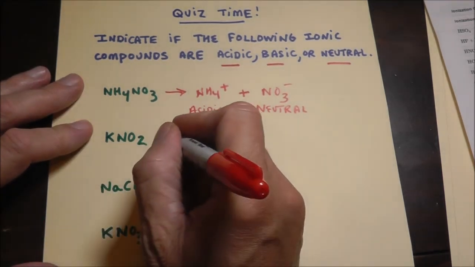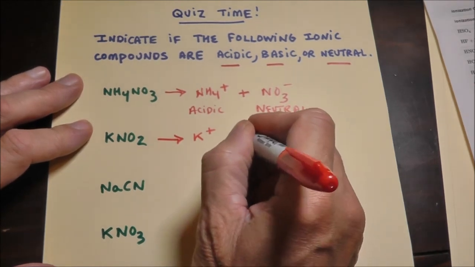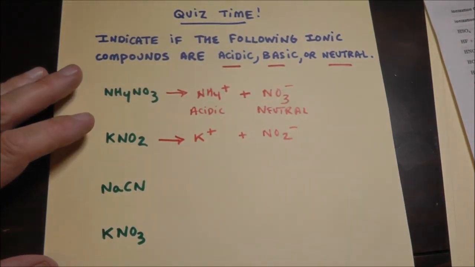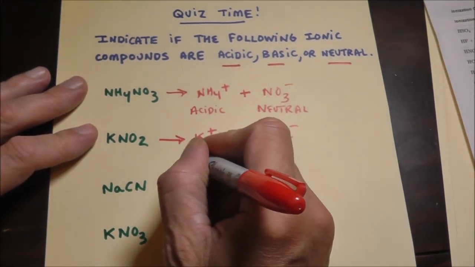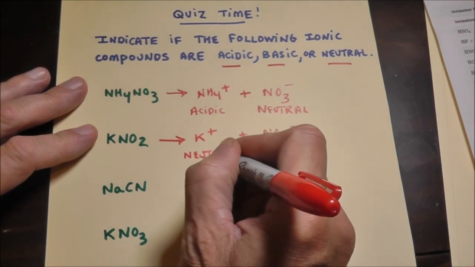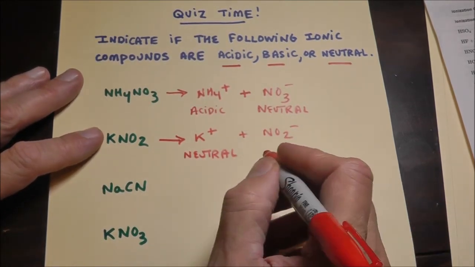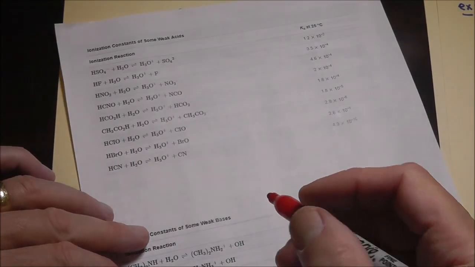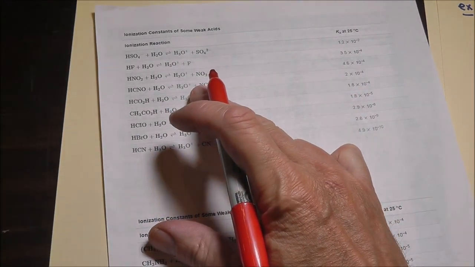All right, here we go. KNO2. K+. Got to watch out, NO2- is not the same as NO3-. It's quite a bit different. This is a neutral ion as we discussed before. It's tied to the strong base KOH. This is the conjugate base of nitrous acid.